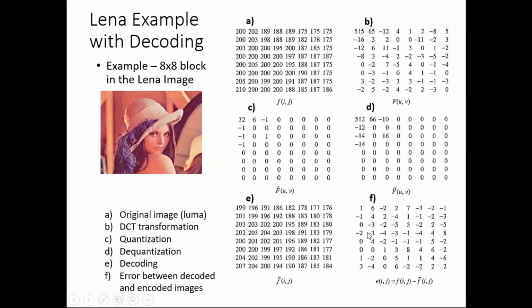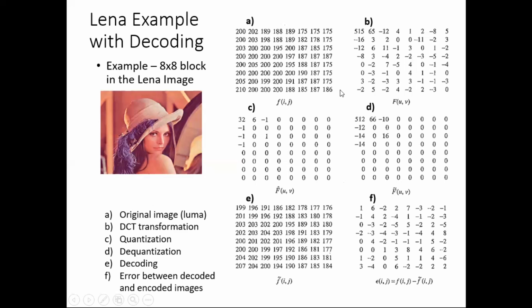Previously, the first pixel value is 200, but now the pixel value is 199. Previously, the last pixel was 186, but now it is 184. We are changing the information details of the image, right? That is why we call JPEG a lossy file type.